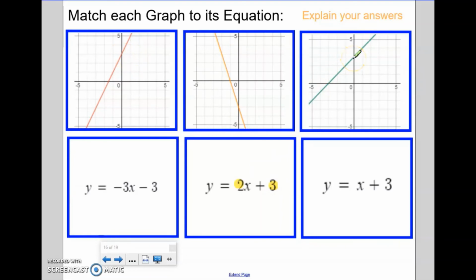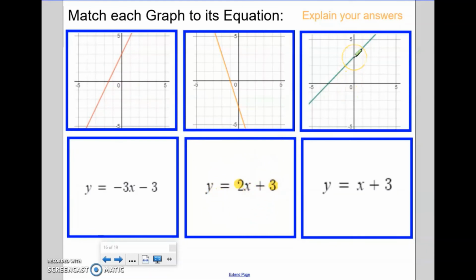But if I look at the gradient here, 1 step along would just bring me 1 step up. So I'm going to go back over here, pick a point on the graph, 1 square along, 2 squares up. So this red graph also has a gradient of 2. So this graph here would match up to y equals 2x plus 3.